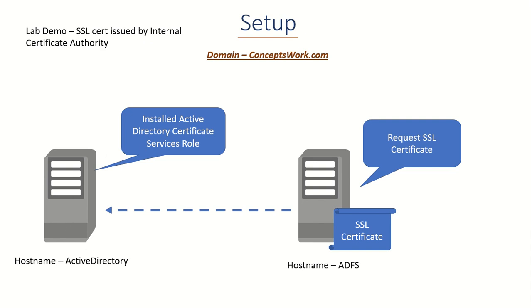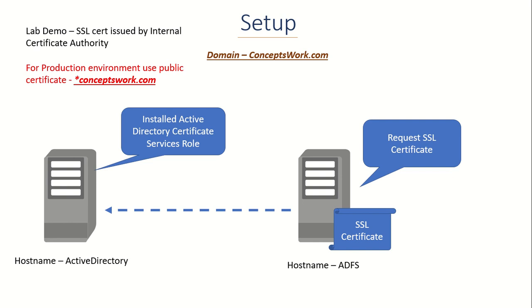For your production environment, I would suggest you go for a wildcard certificate. That means if your domain is conceptswork.com, make sure you request a wildcard certificate for your domain. There are several reasons behind this, which I will cover specifically when I talk about the three different types of certificates used by ADFS.